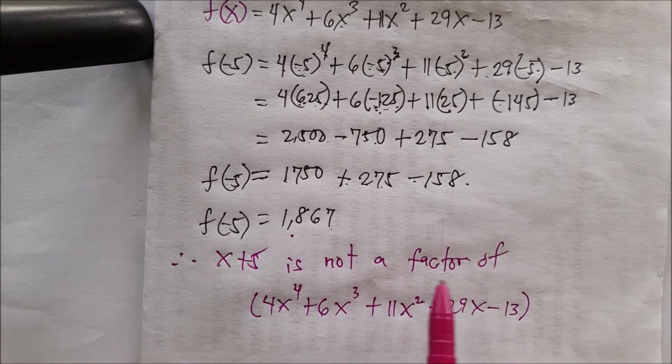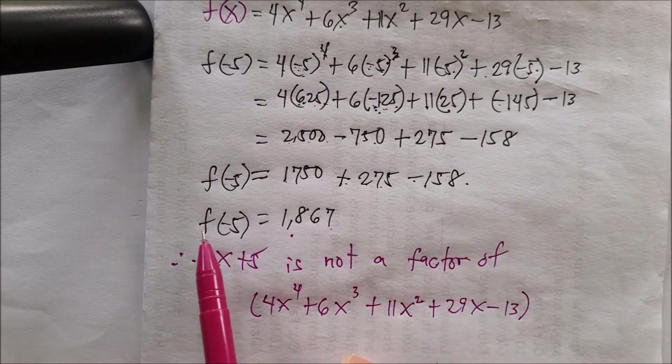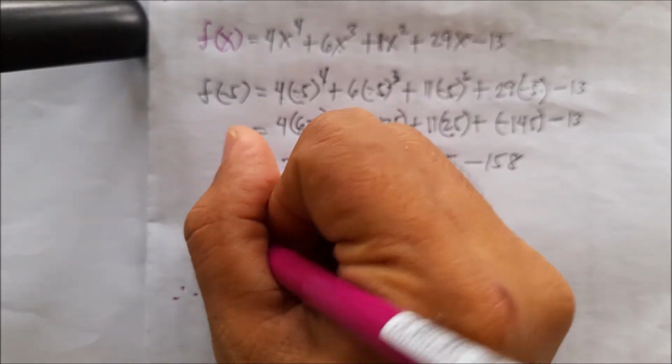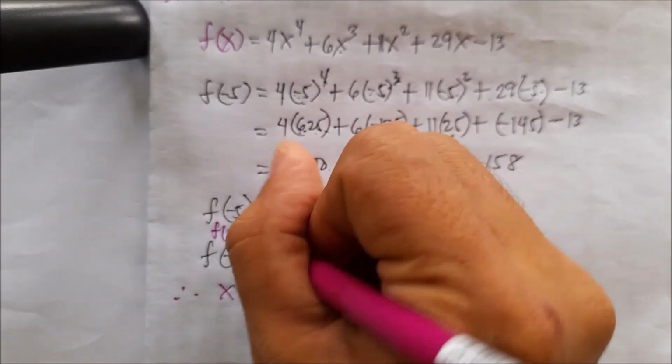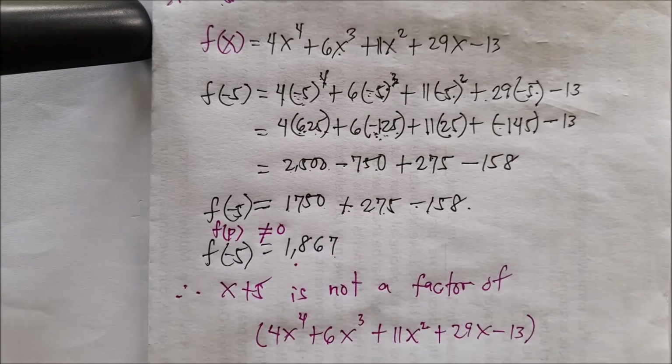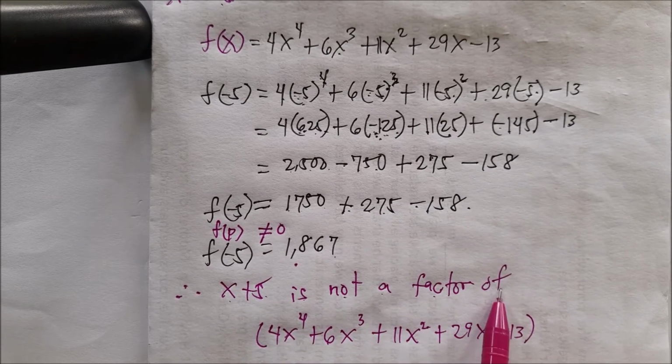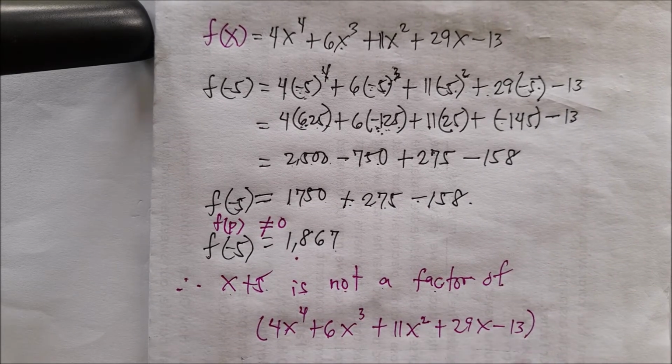Why is it not a factor? It is because f of p is not equal to 0. So x plus 5 is not a factor of the given polynomial.